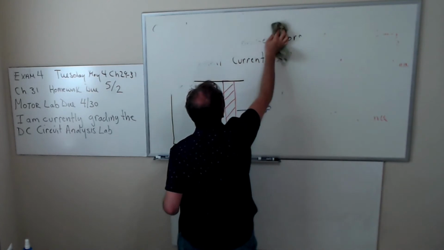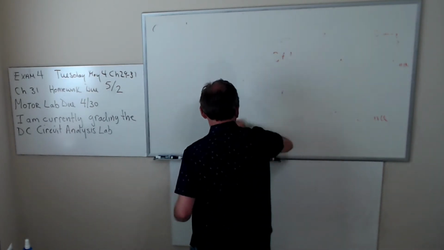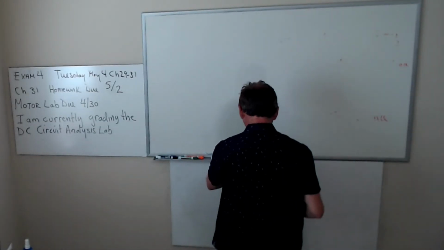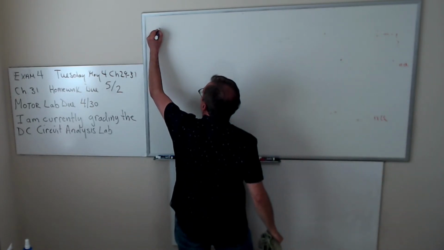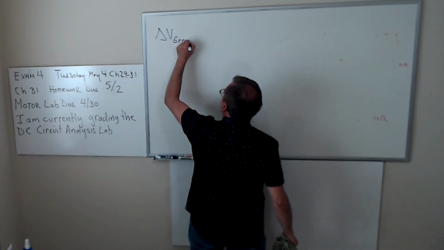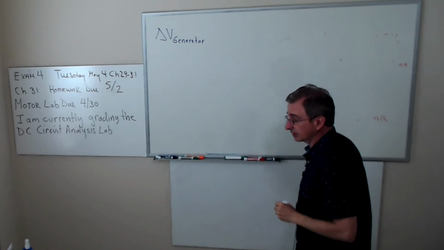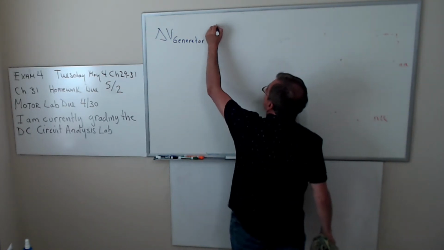Basically, you're rotating a coil of wire in a magnetic field. And we said that when you rotate a coil of wire in a magnetic field, the induced EMF is described by this equation.